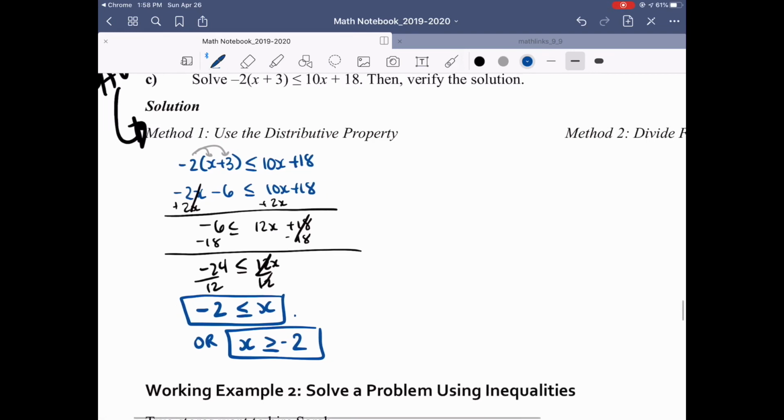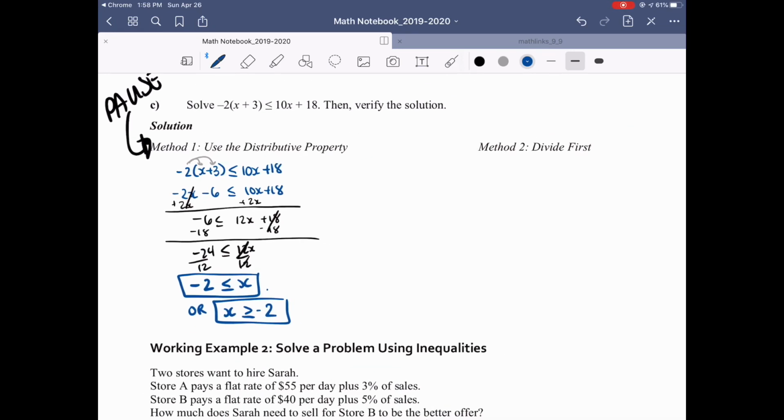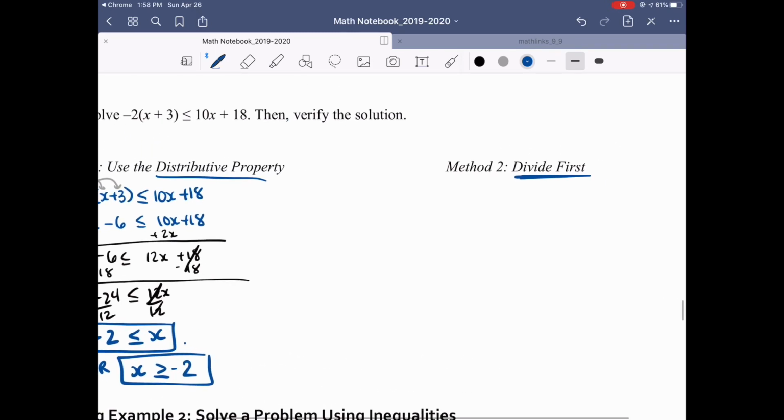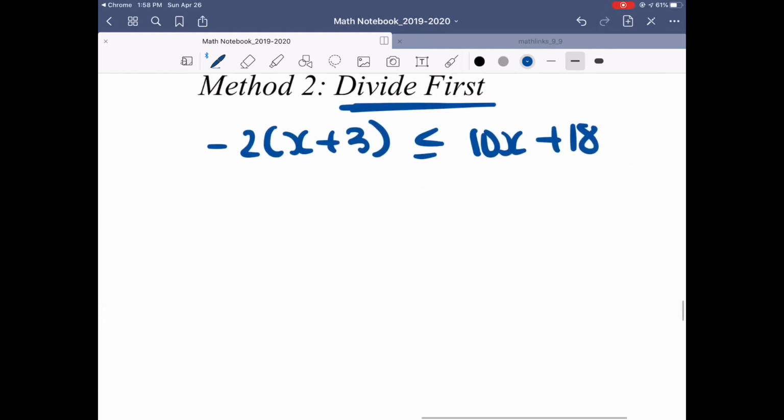I'm going to show you another way to solve this type of equation where instead of using the distributive property, we're going to actually divide first. So here we have negative 2x plus 3 is less than or equal to 10x plus 18. What I mean by divide first is instead of distributing out this 2, we just want to get rid of it right away.